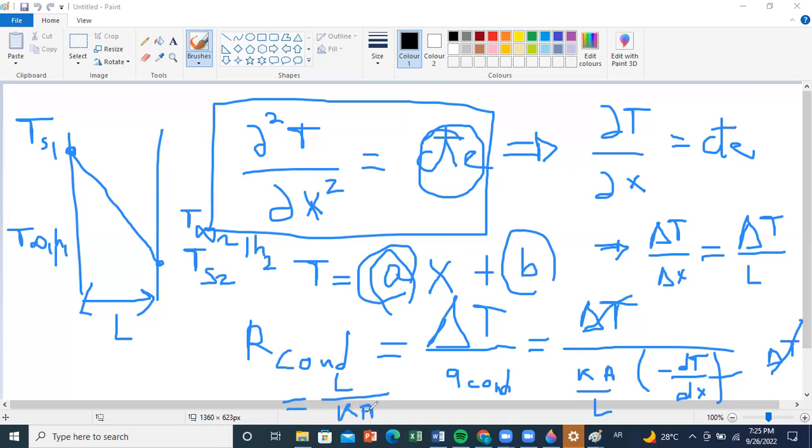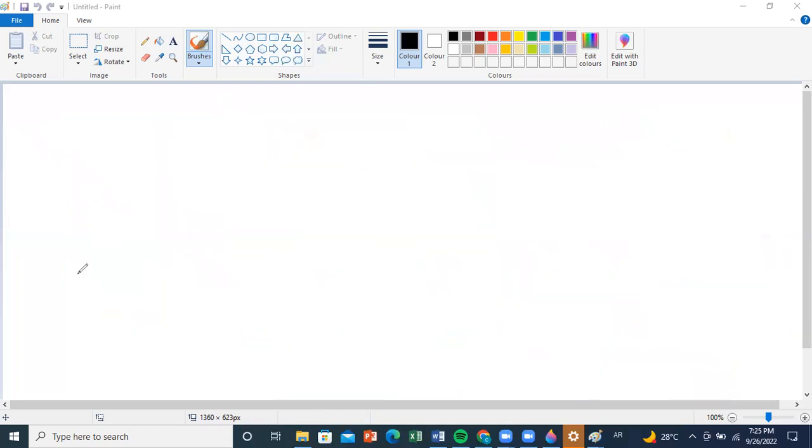Okay, now we'll move through a similar approach, but now in case of a cylinder. So in case of a cylinder, I will tell you the following. For example, you have a cylinder.